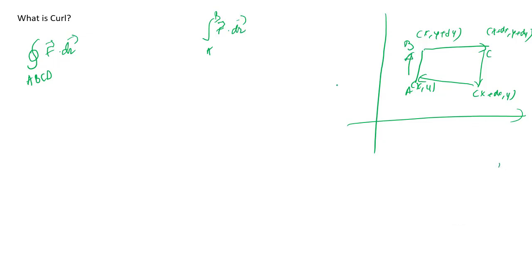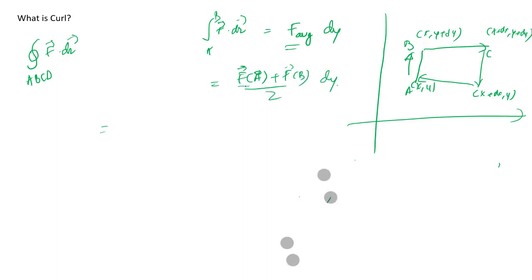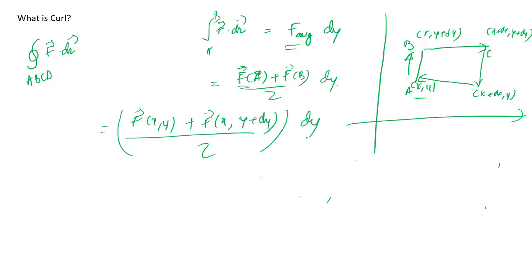So from our theorem we had dy, and we substituted this f average, and f average was f at a plus f at b divided by 2 times dy, and f at a is simply f at xy because that's the coordinates here, and this is f at x comma y plus dy divided by 2 multiplied by dy. If I Taylor expand the second term, then I'm going to have f at xy plus dou f by dou y at xy times dy, divided by 2 times dy.